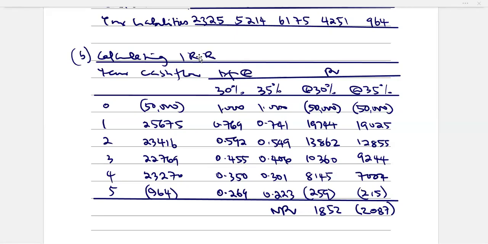Toyib, Yusuf: Excuse me, sir. Yes, talk to me. You said you were going to tell us how to easily know what percentages to use for the discount rate to get the IRR, one that gives us positive and negative. Like, how did you get 30 and 35? I've already said it.